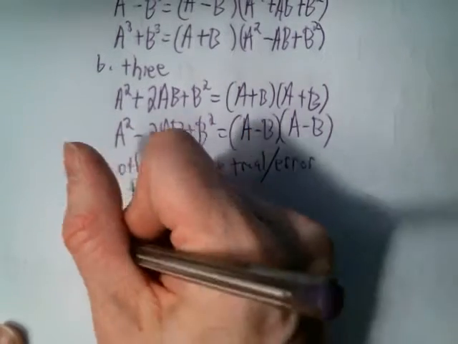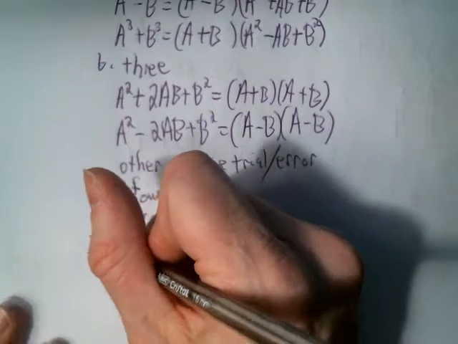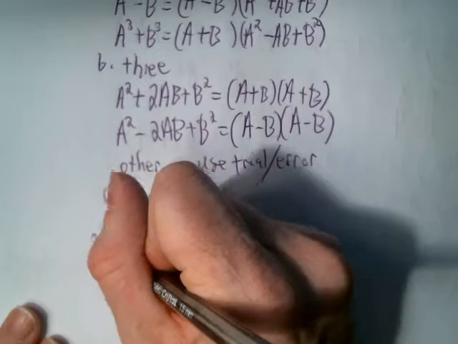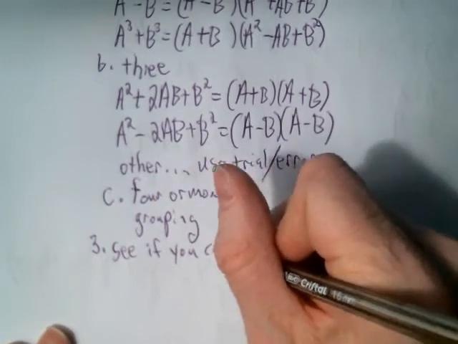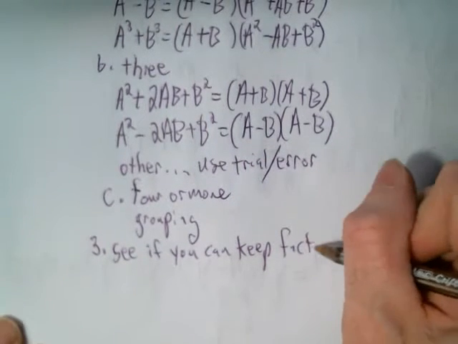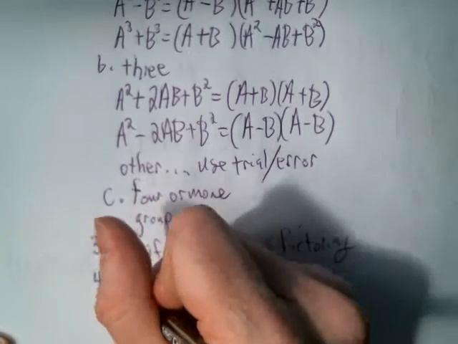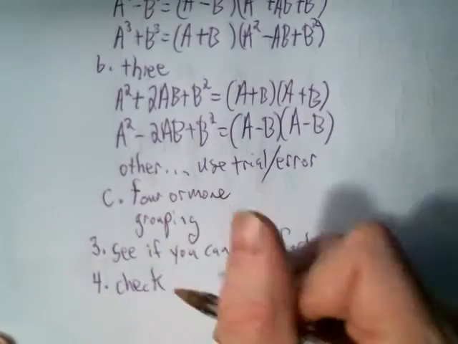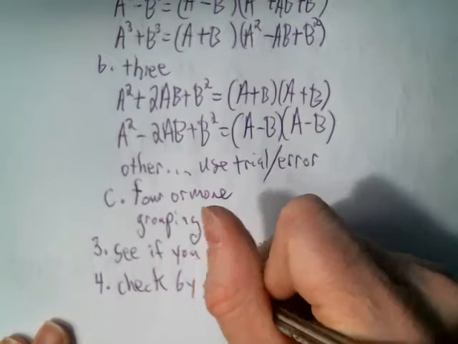After you do that, thirdly, you sort of want to, again, spot check it and see if you can factor it a little bit more. So see if you can keep factoring. And then fourthly, I would like you to check it by multiplying by FOILing back out, either in your head or in the margin.